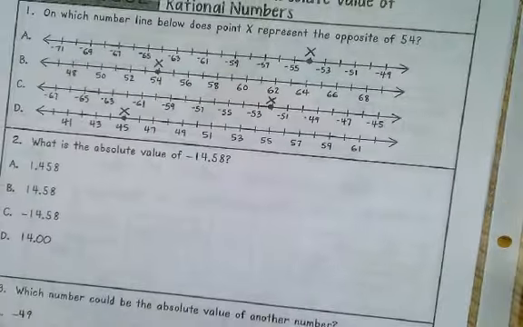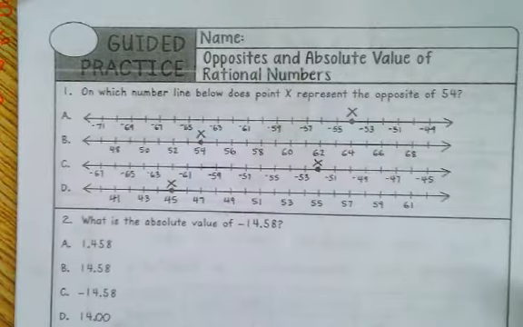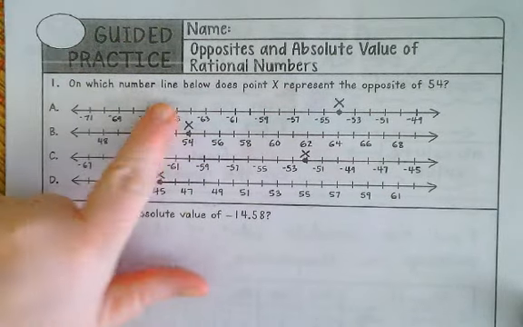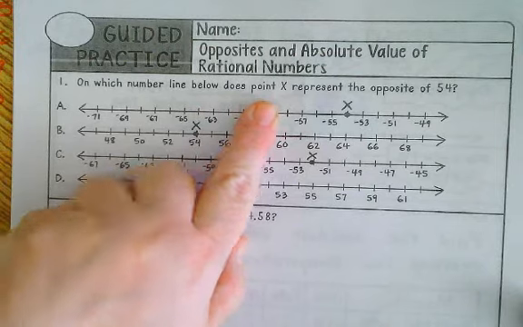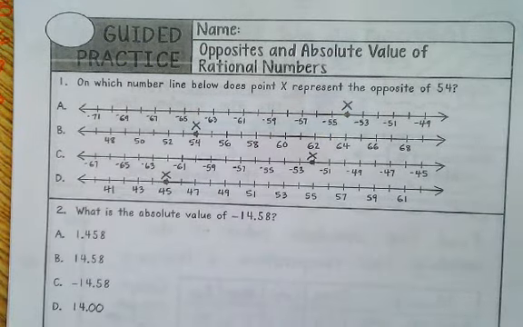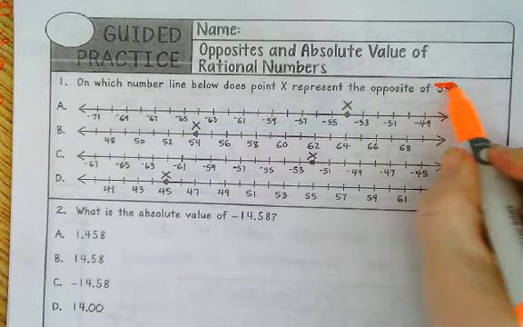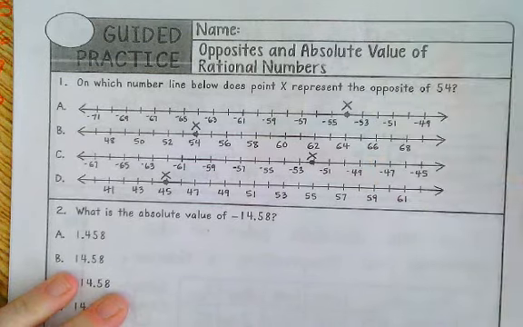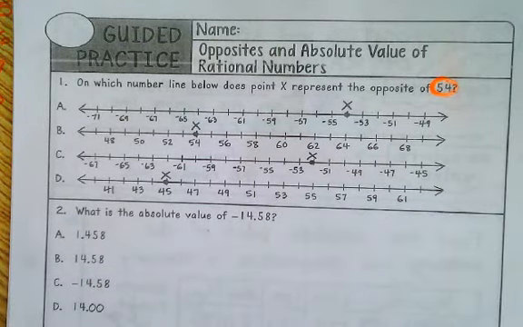Now, flip it over. So, we've got, on which number line below does point X represent the opposite of 54? So, we're looking at 54. Well, I guess I shouldn't have colored that in. That's too dark. So let's circle it. 54. What is the opposite of 54?